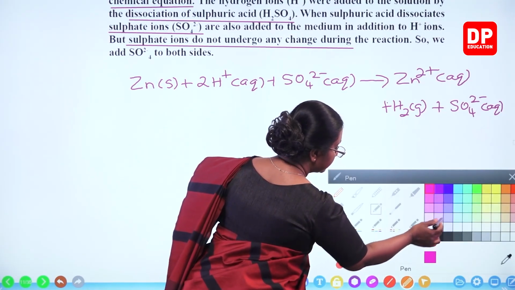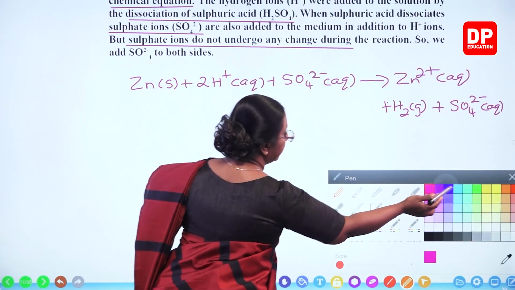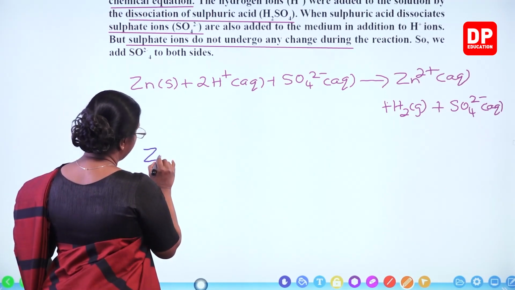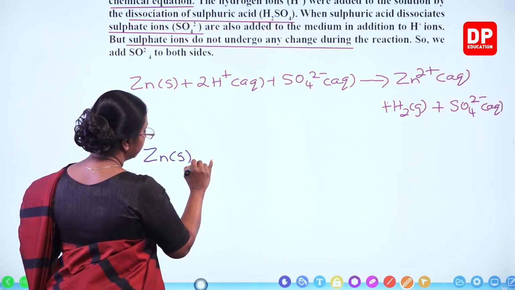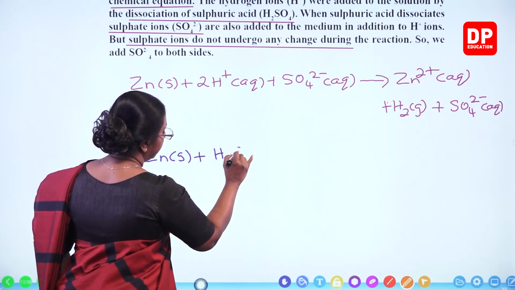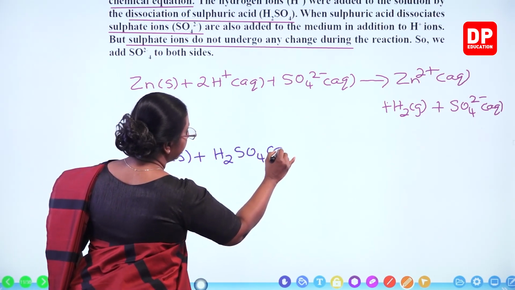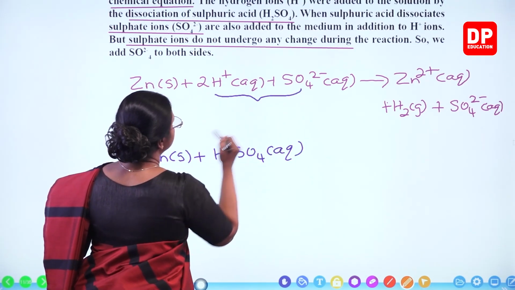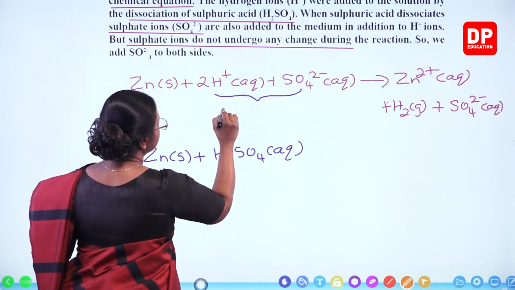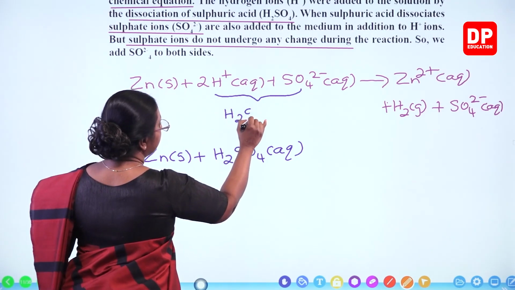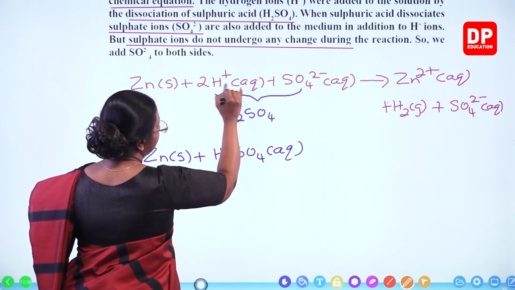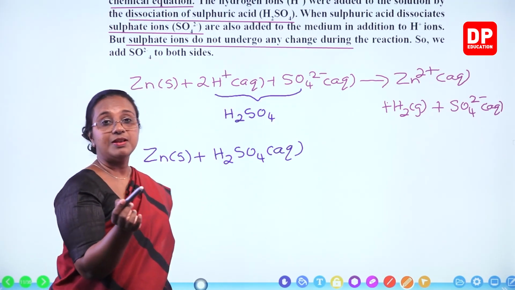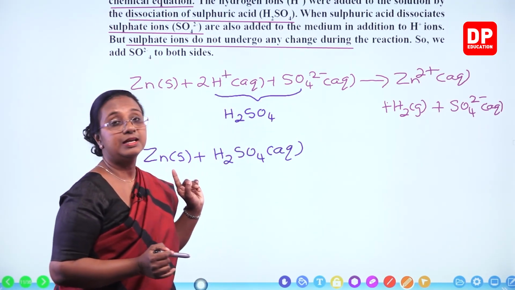You get the next final equation, that is the balanced chemical equation, where you have zinc solid, H2SO4 aqueous. How do you get this H2SO4 aqueous? These two: 2H plus and SO4 2 minus is H2SO4. Plus and minus, 2 plus 2 minus, that will be cancelled off. You will get the compound.